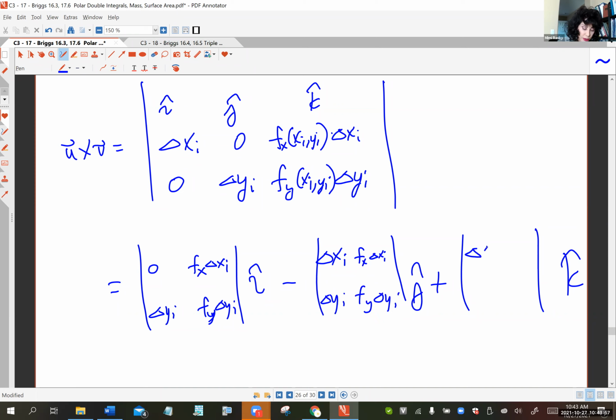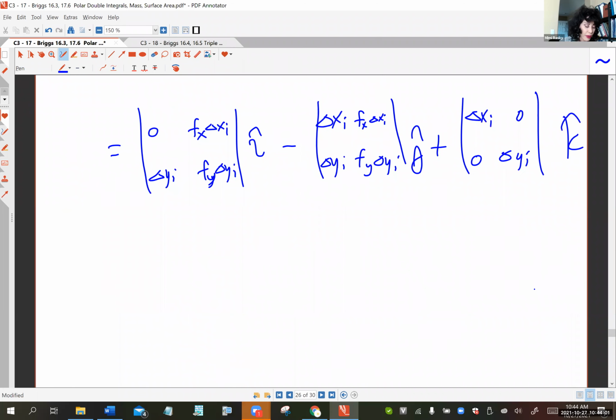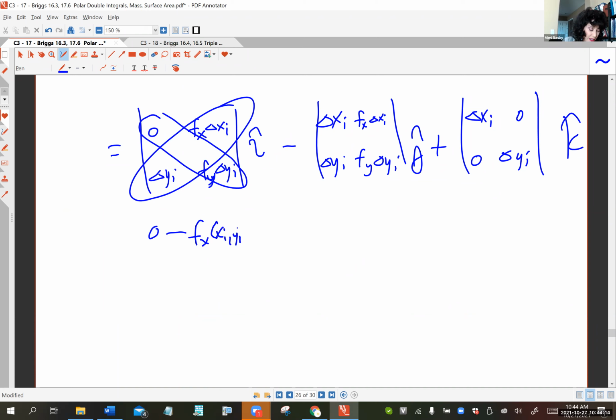And the last 2x2 is delta x sub i, 0, 0, delta y sub i. Fine. Okay, so here we go. You're going to go 0 times that, which is going to give you a 0. And then minus the fx times the delta x sub i, delta y sub i. That's times your i hat.